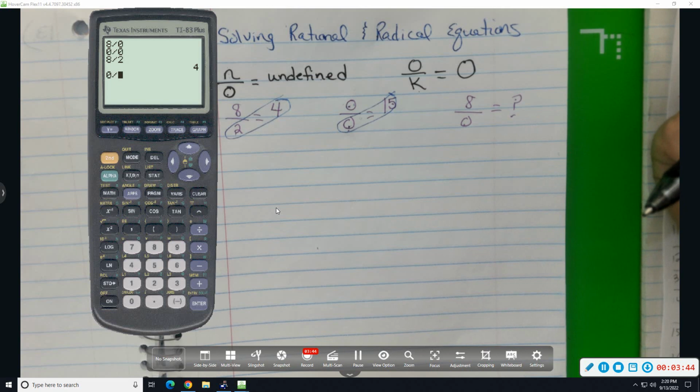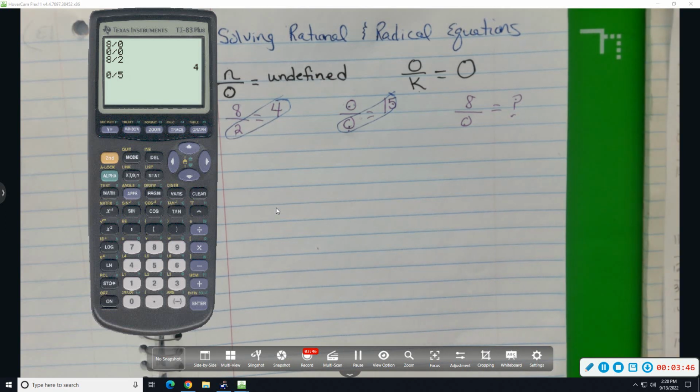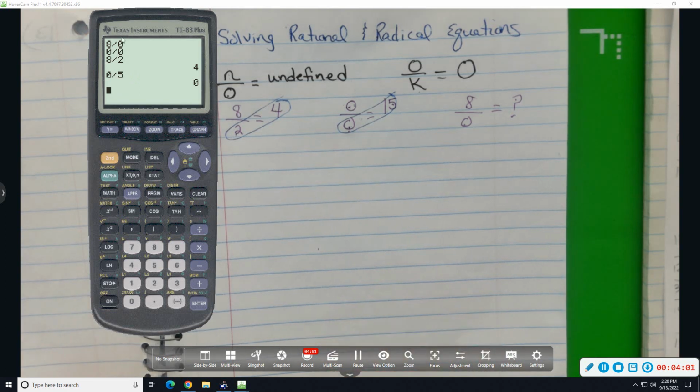It's equal to 0. 0 divided by 5 is 0. If the 0's on top, the answer is 0. If you had $0 to divide among 5 people, each person gets $0. Now, you just can't have the 0 on the bottom.